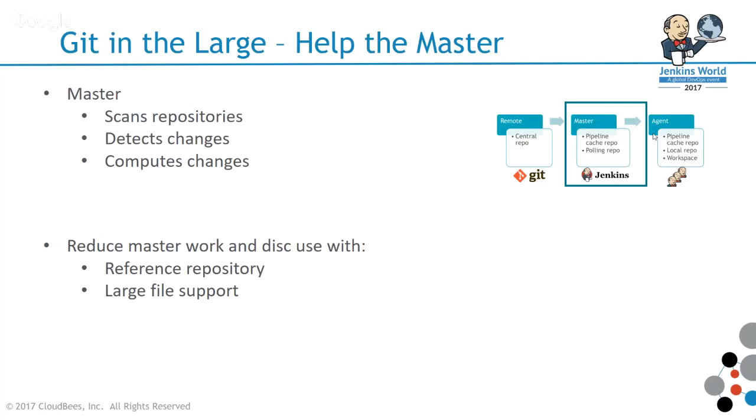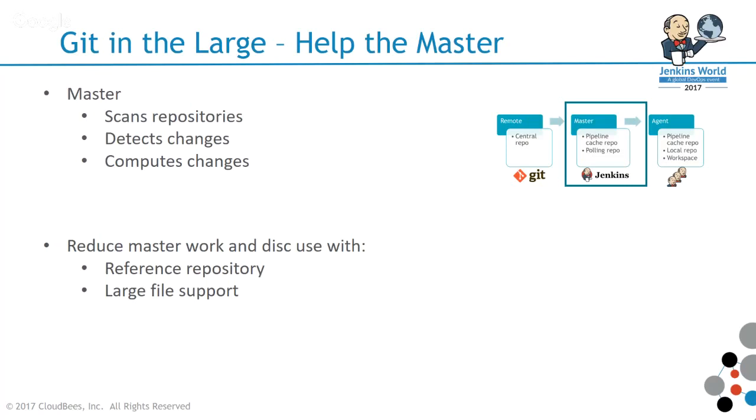So the master typically does pipeline scans of repositories. It also does polling and acts on notifications to check to see if there are changes in the remote repository, in the central repo. So each of those things may require a copy of the repository on the master.